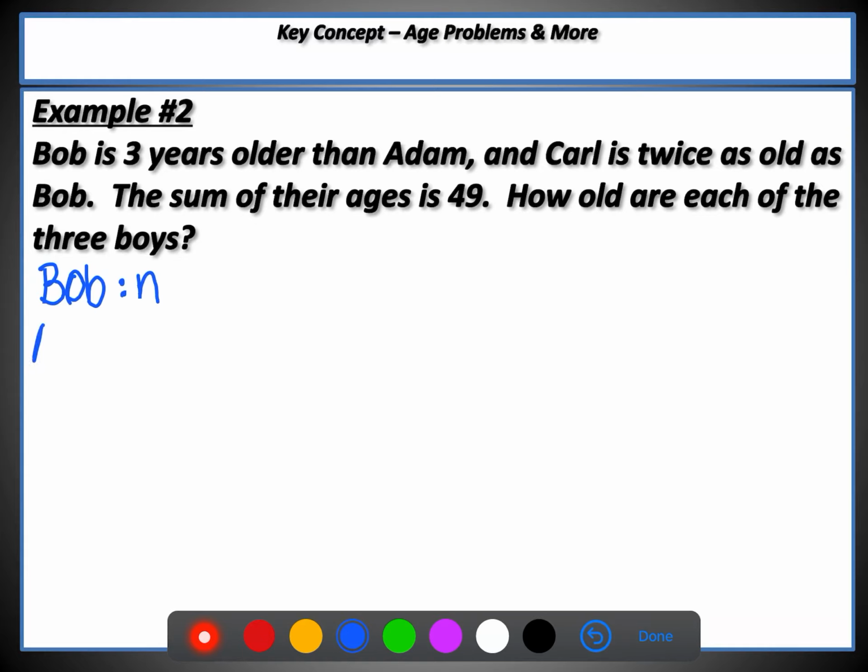So Bob is 3 years older than Adam, so we would have to do n minus 3 in order to get Adam's age. And Carl is twice as old as Bob. So Carl could be 2n. The sum of their ages is 49.